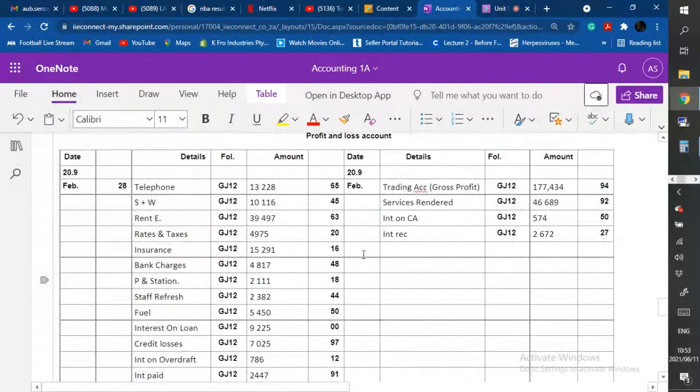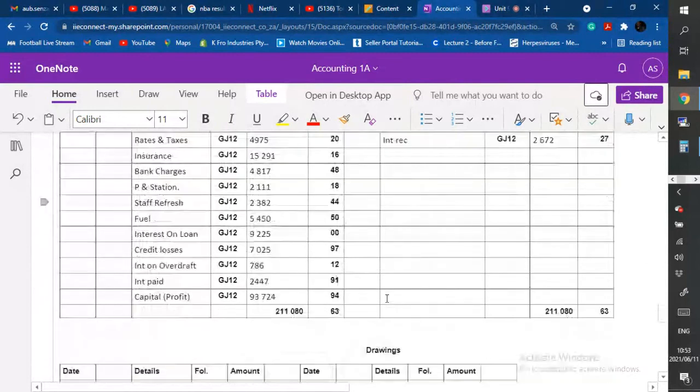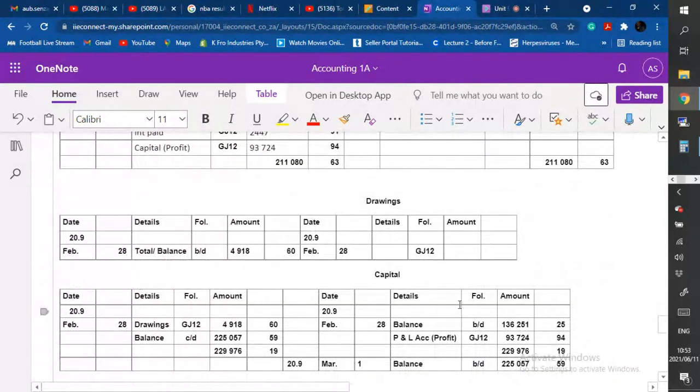So one that they like to ask is your profit and loss account, drawings and capital, and then also your trading account, and then also the post-closing trial balance. Those are the ones they like to ask. They could ask those in the general journal, or in the general ledger. But typically those are the ones they like to ask.